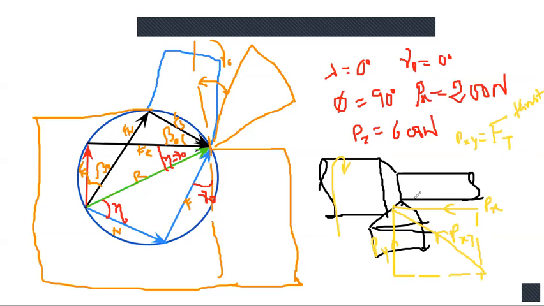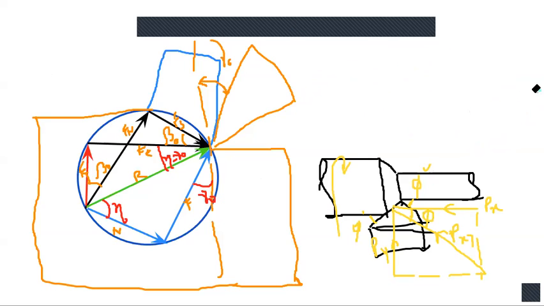This is the principal cutting edge angle, and this is the auxiliary cutting edge. Principal cutting edge angle is given, so this is phi. Now what is Pxy?